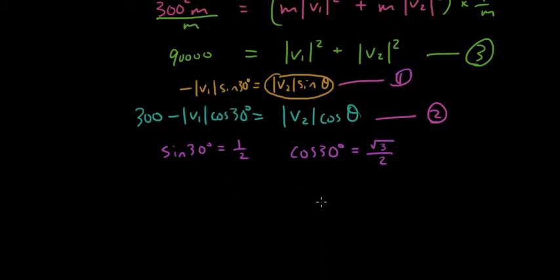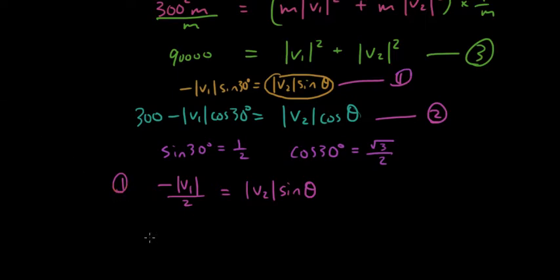So equation 1 is now negative v1 times a half, so negative v1 over 2, equals v2 sine theta. I'm copying from equation 1.